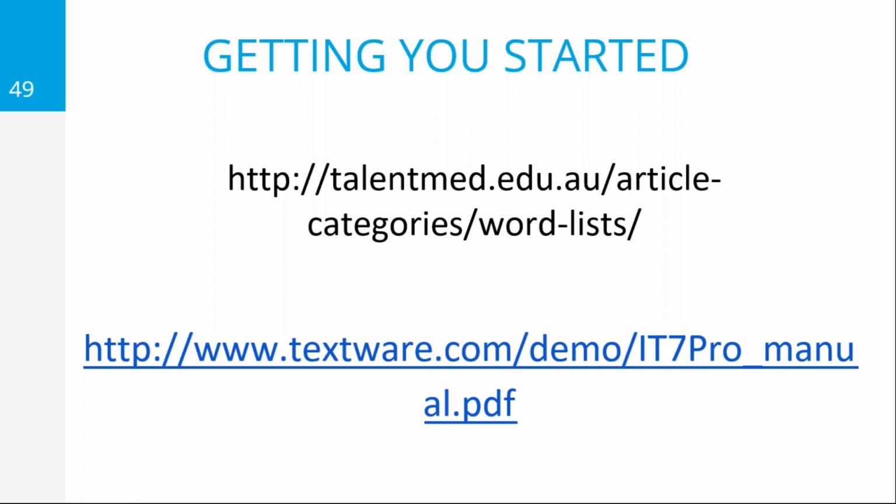You need to copy the word lists and save them to a notepad file on your computer, and then you can import them into your text expanders as I showed you previously in the webinar. The other website here is the Instant Text website, where you can download their manual, and that will help you with lots of other tips and tricks as well.